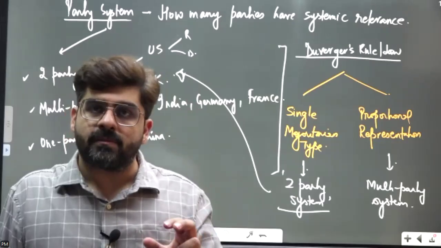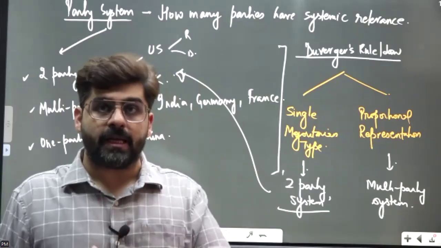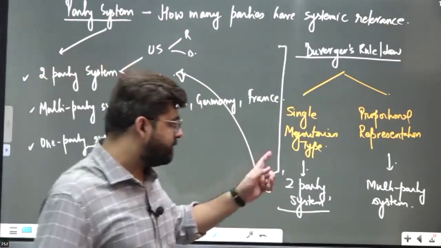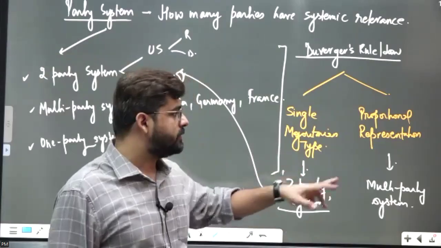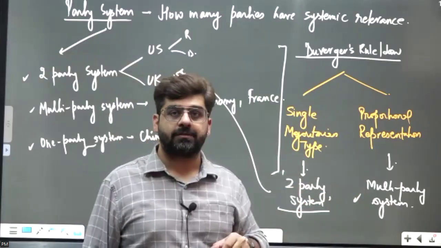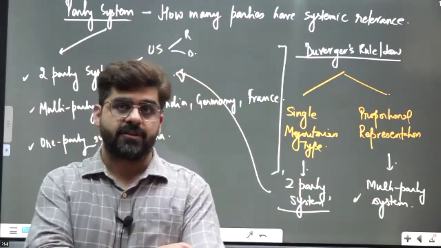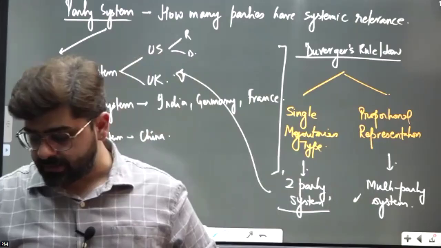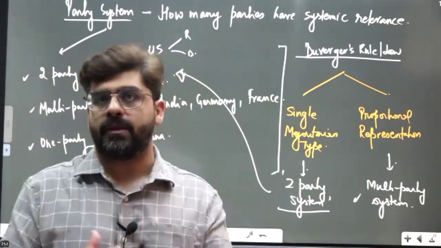The problem is, the moment we apply this logic to India, the logic fails. Why? Because in India, we have this for Lok Sabha elections, but despite that, we have a multi-party system. In India, we cannot say that there are only two parties which are important. Had that been the case, we would not have had coalitions or Gathbandhans in India.